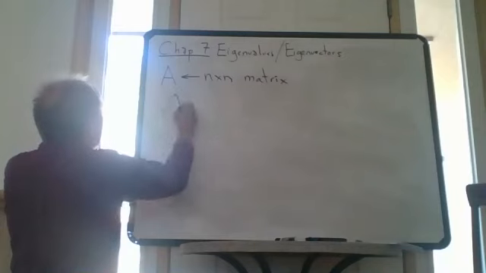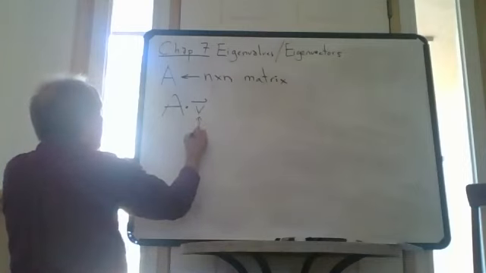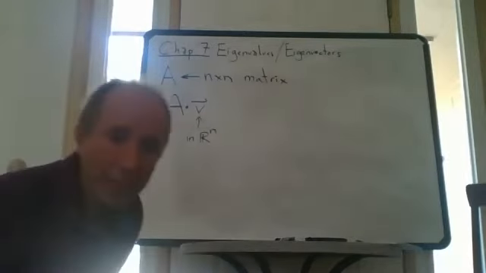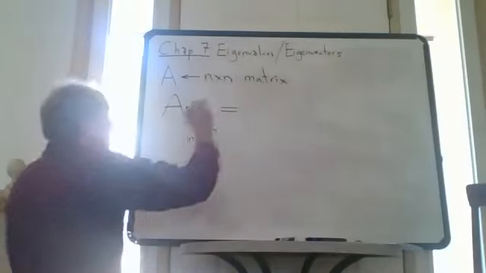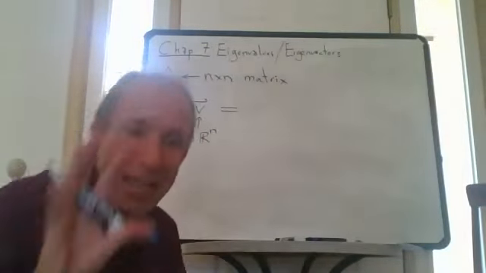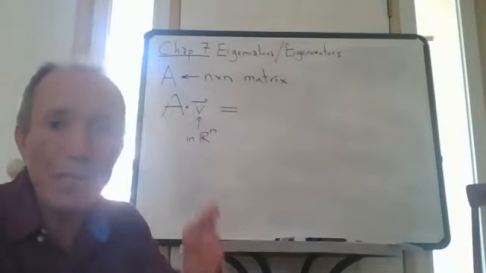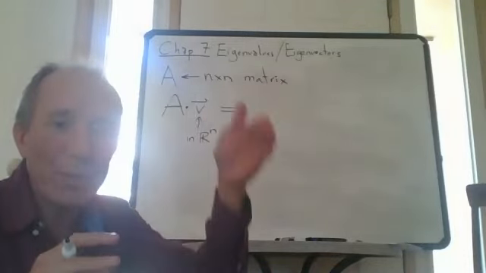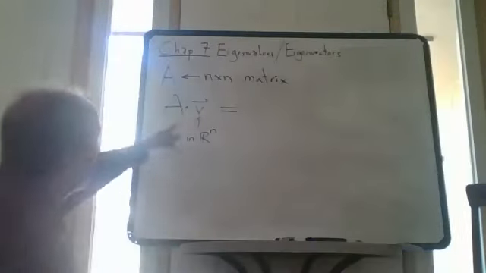We can take our matrix A and imagine multiplying it by a vector v in R^n. The vector v should be drawn as a column. So you've got a square matrix, and you're right multiplying by an n by 1 column, which is a vector in R^n.